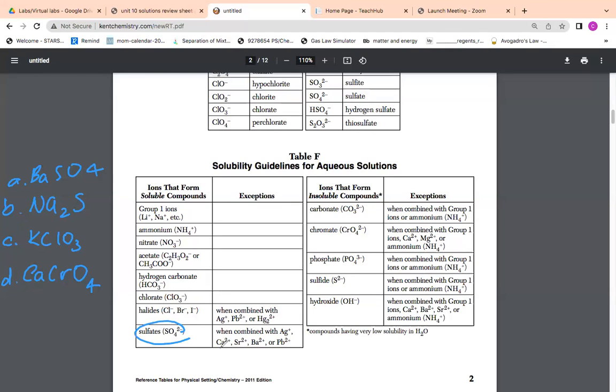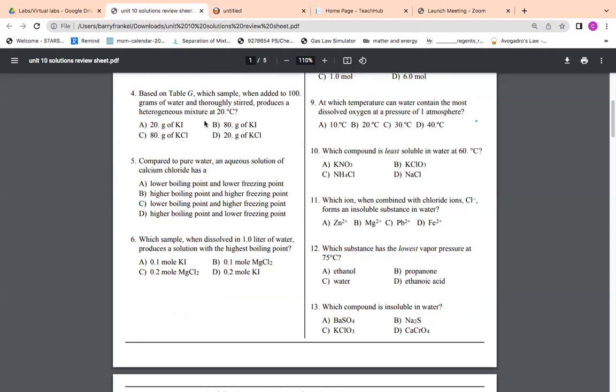Sulfates are typically soluble, except if they're with any of these. And we actually do already have one of the exceptions. So we know that it's going to be choice A, but you really should go through all of them. If you do, you will see that all of these are soluble. Barium sulfate is the only one here that is insoluble. Okay, so question 13 should be choice A.